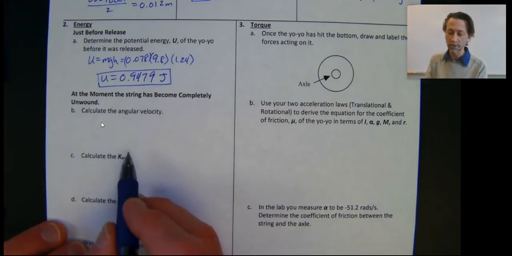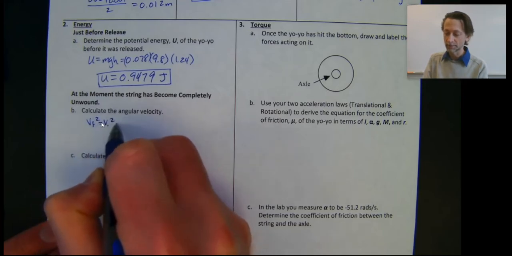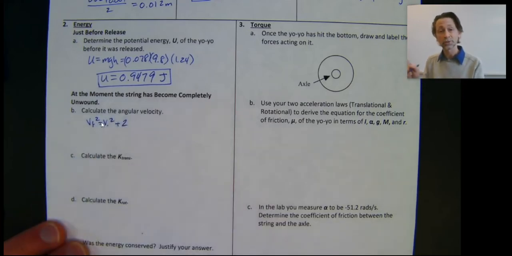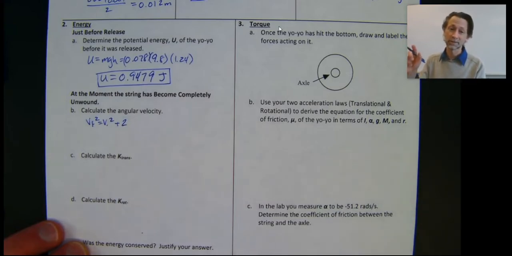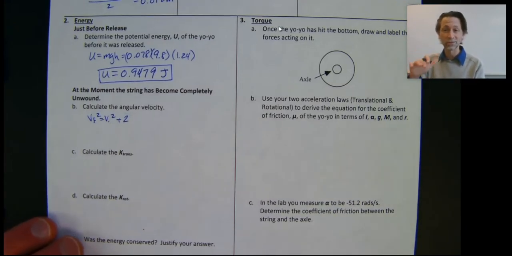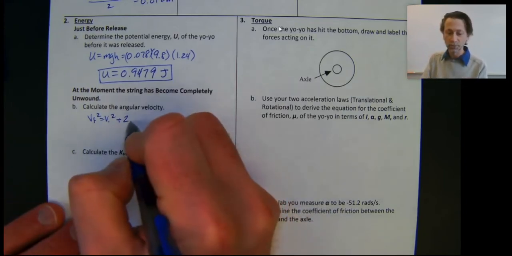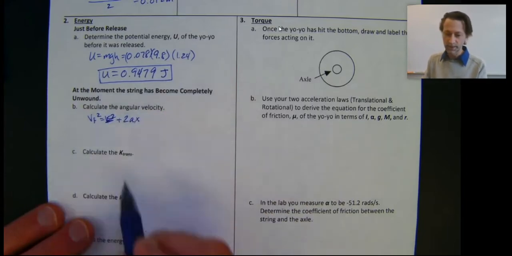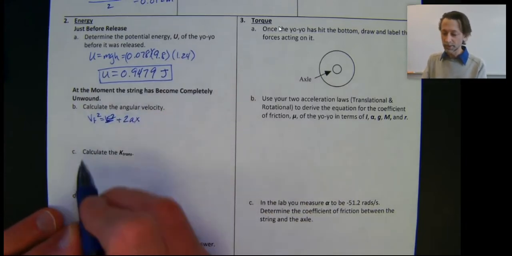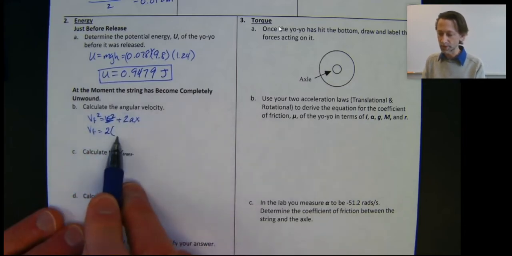The way that we can do that is by treating this like a linear problem and then converting it at the end. You could also convert everything now and turn it into an angular problem right away and do it all. It works either way, just getting there a different way. So v squared equals 2 times a times x. Well, we know the initial velocity was 0. We are looking for that final velocity, so it's going to be 2 times the acceleration that it experiences.